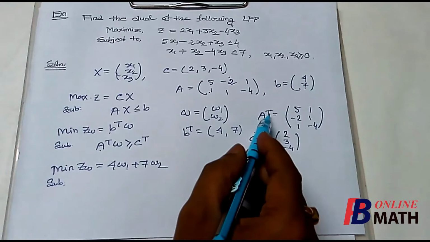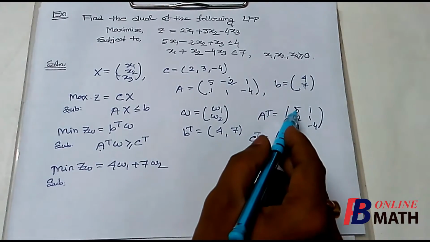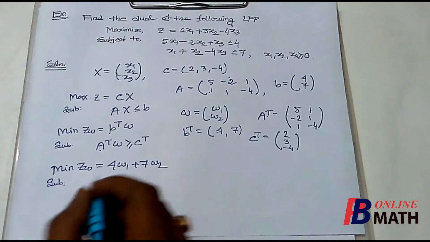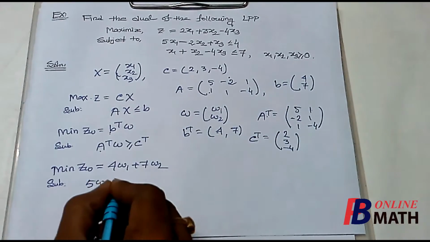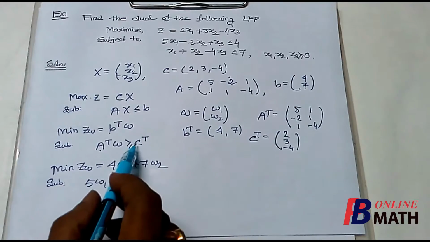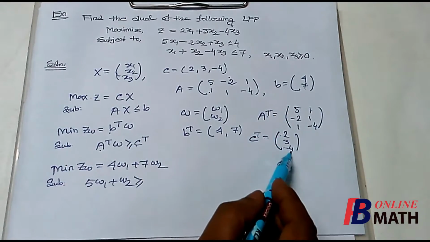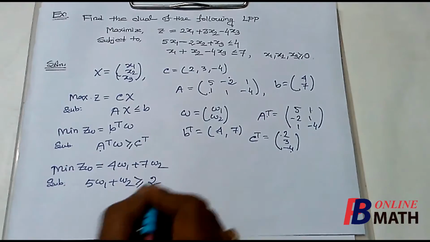If we multiply A transpose by omega, the first constraint will be 5 omega 1 plus omega 2, greater than or equal to the first value of C transpose. Now C transpose is 2, 3, minus 4, so the first value is 2.